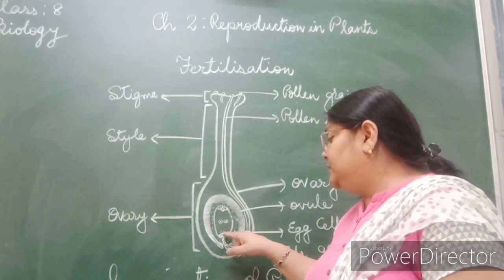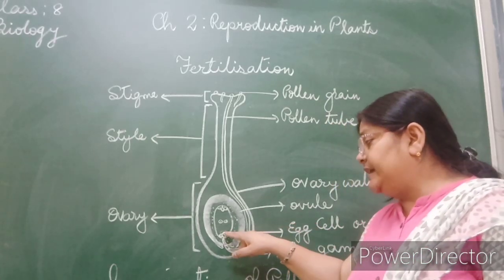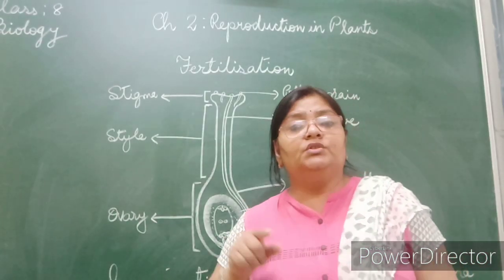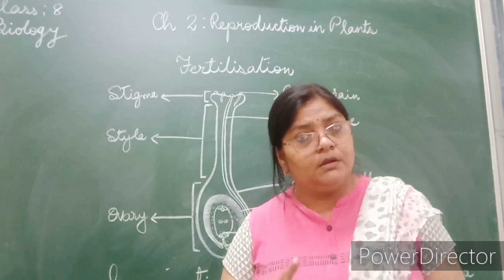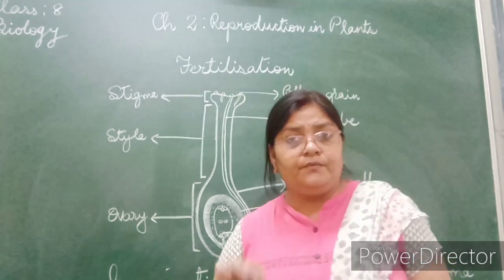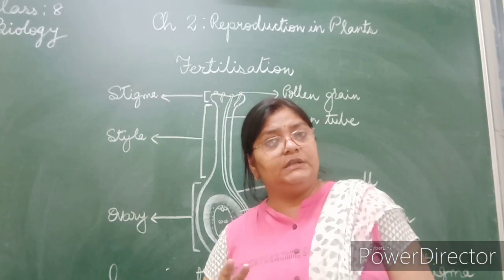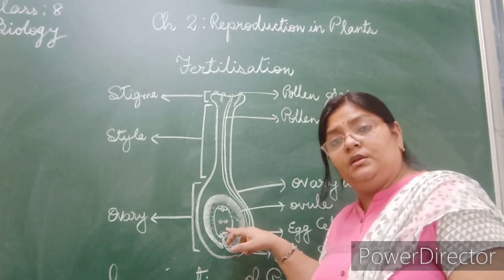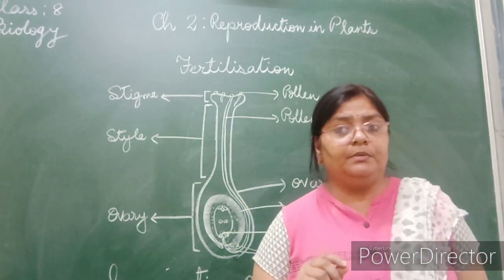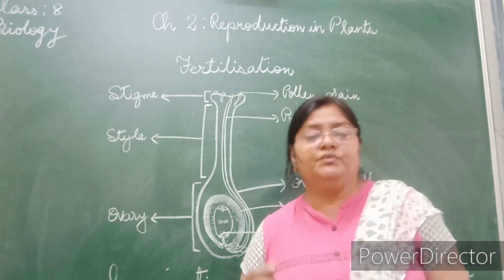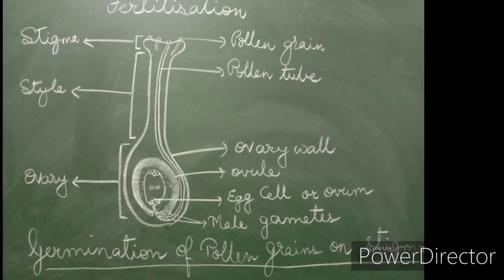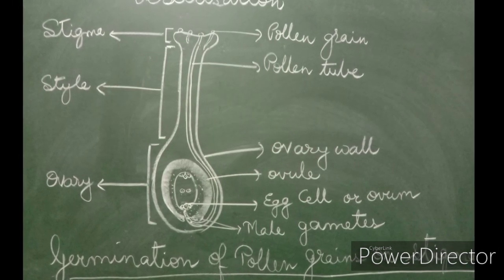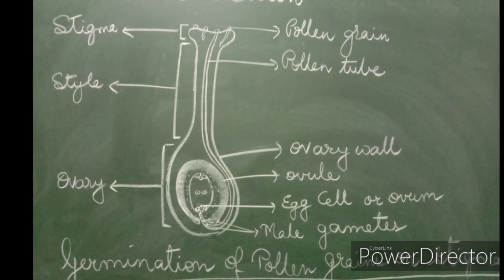The egg cell or the ovum, the central cell towards the micropyle, fuses with the male gamete nucleus to form the zygote. The zygote is the first cell of life, the first fertilized cell, and the other male gamete fuses with the polar nuclei to form the endospermic nucleus, which provides nutrition to the growing seed. As two male gamete nuclei fuse, this process is also called double fertilization.